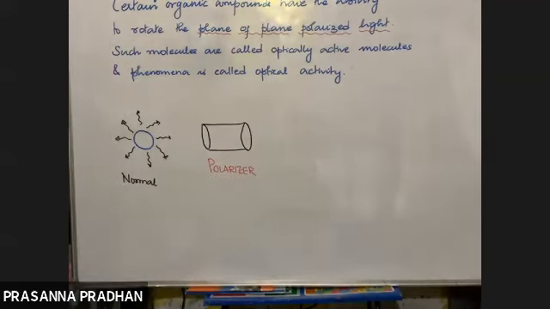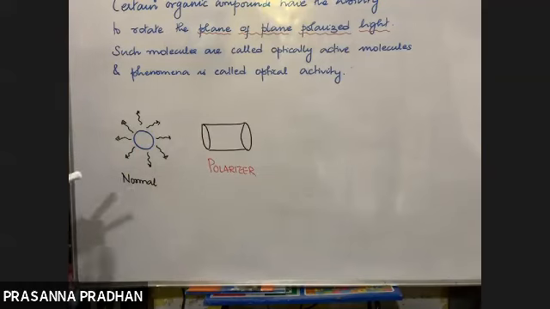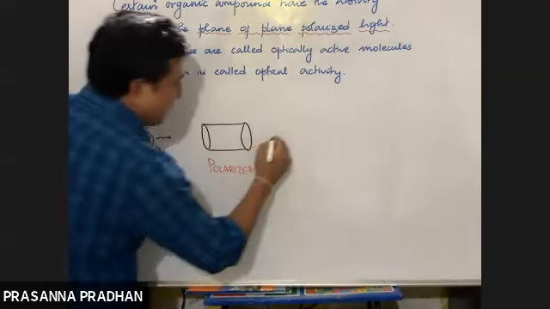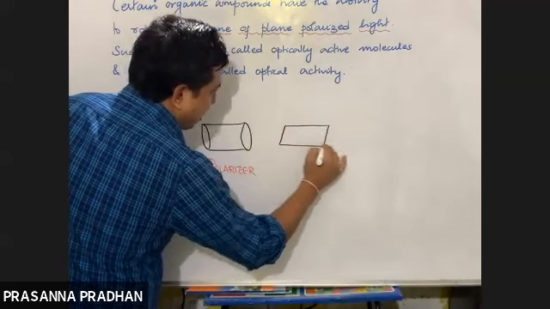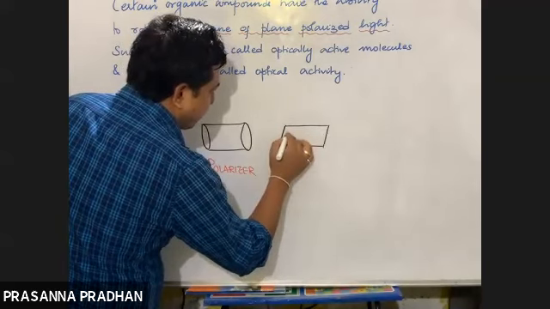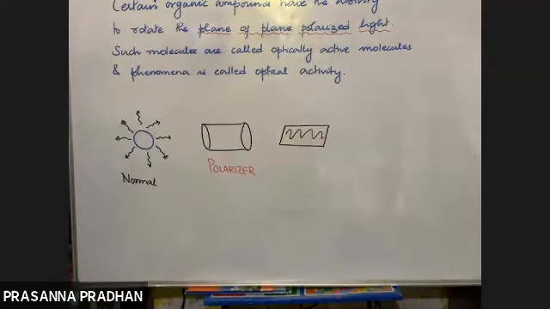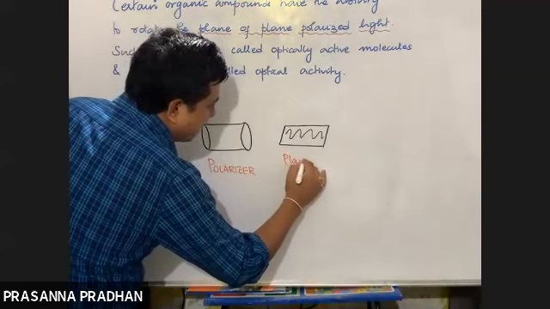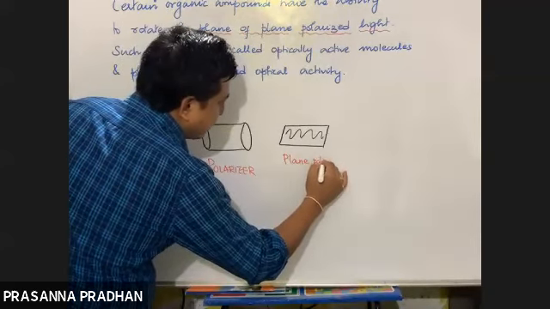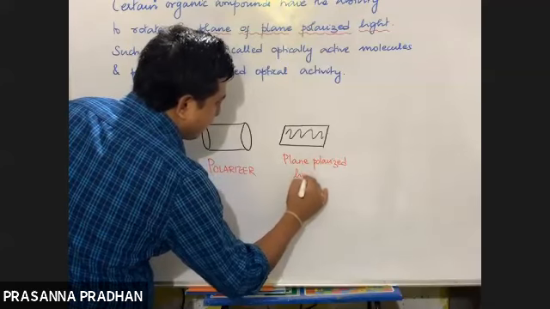The light, after they come out of the polarizer, vibrate in only one direction like this. So such lights which vibrate in only one plane are known as plane polarized light.